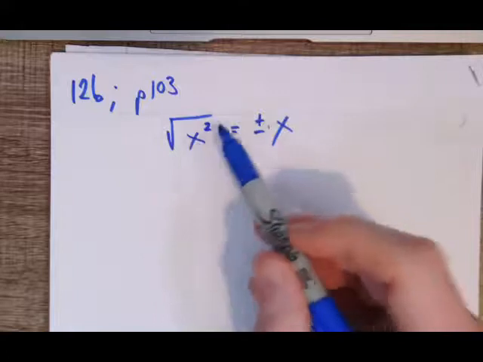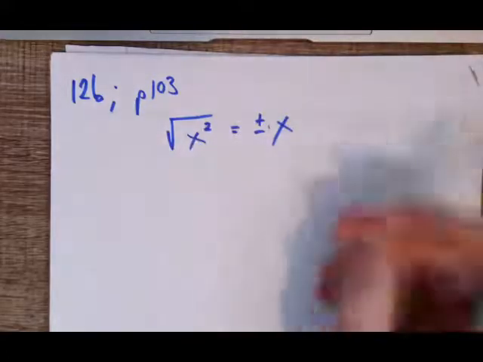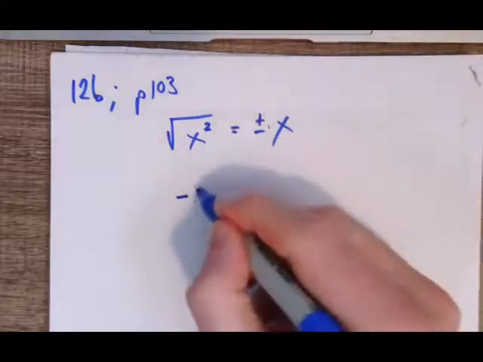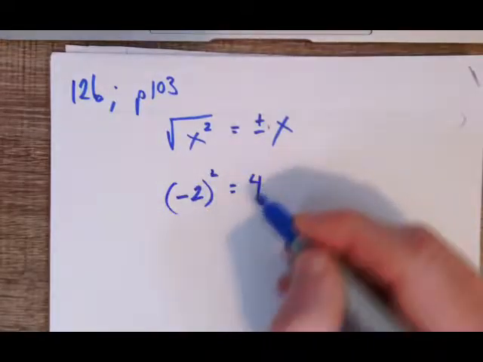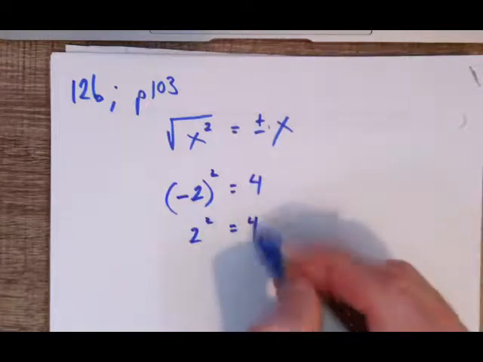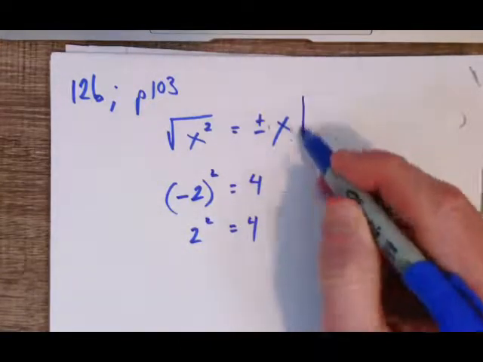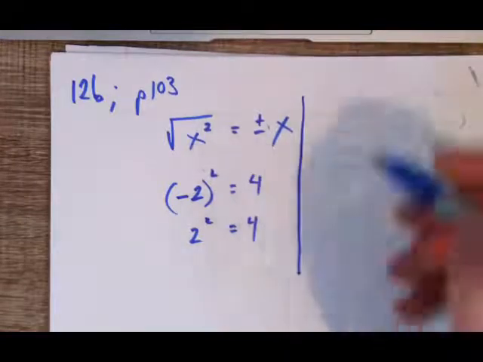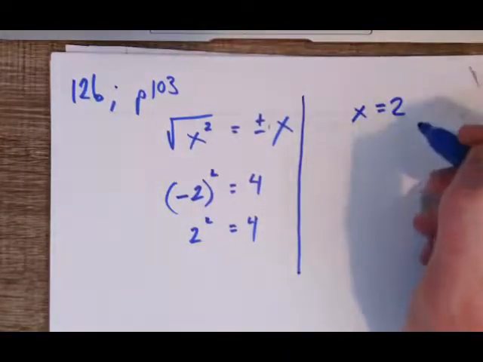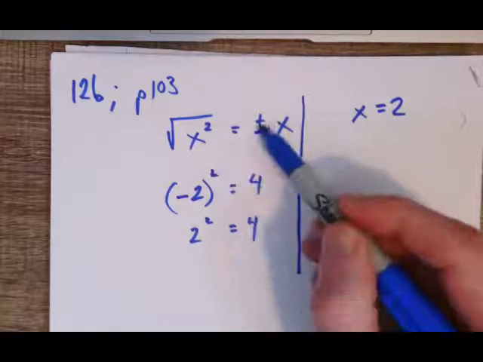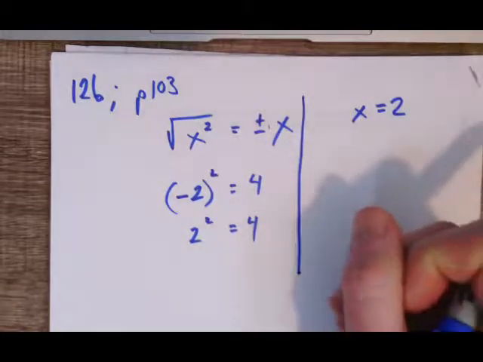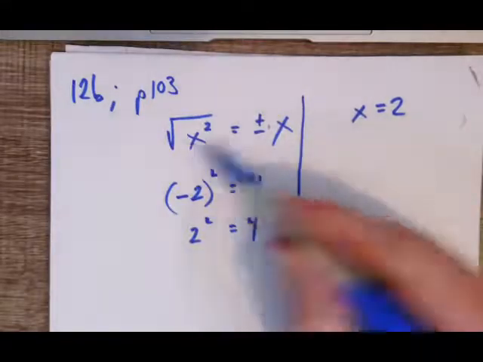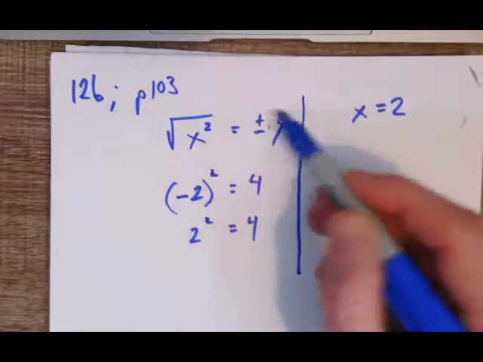If we're just solving and we have no idea what x is, we can say that because we know that negative 2 squared equals 4, and 2 squared equals 4. But if we're told x equals 2, then we wouldn't have a negative there. We know that it equals 2. Does that make sense? If we're solving for x, yes. This is just what's possible.